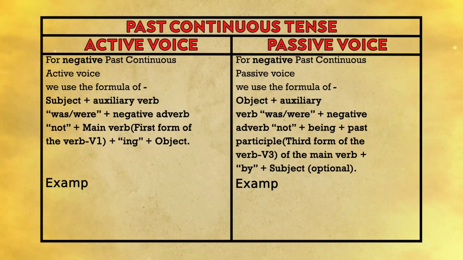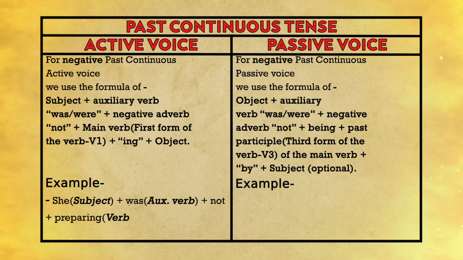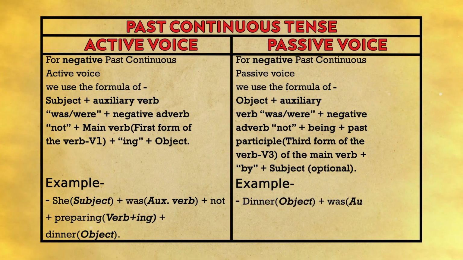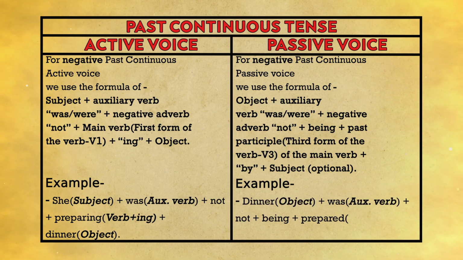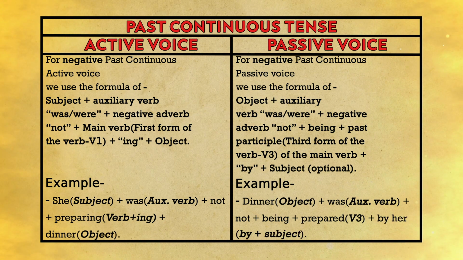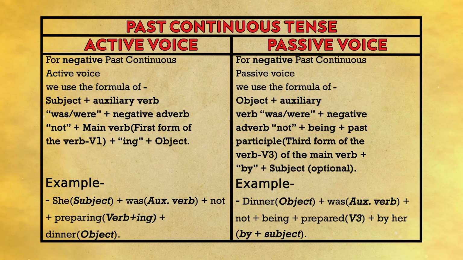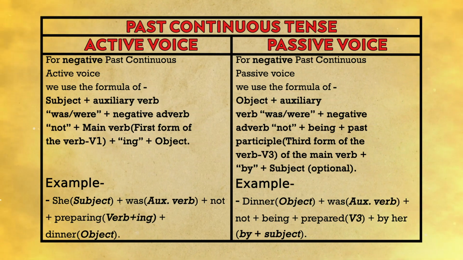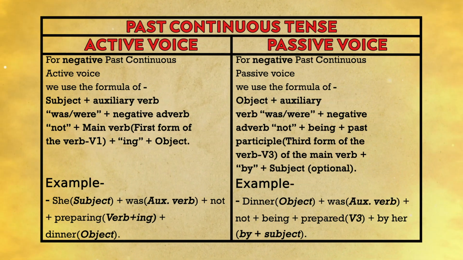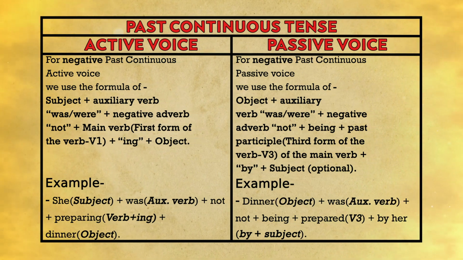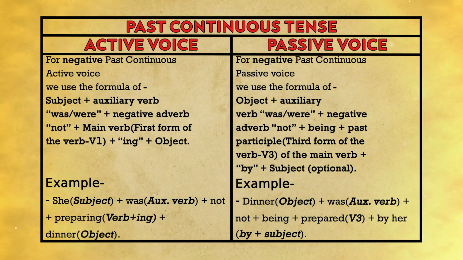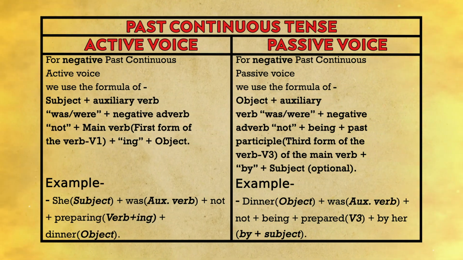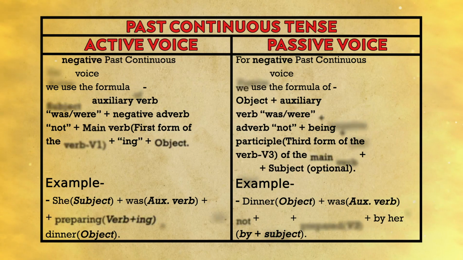For example, she was not preparing dinner. Dinner was not being prepared by her. So dinner is the object here, plus auxiliary, plus not, plus being, plus prepared, that is the third form of the verb, plus by her, that is the subject.